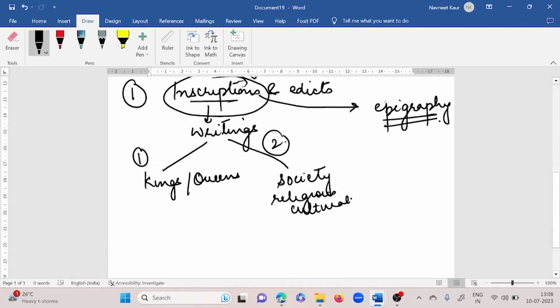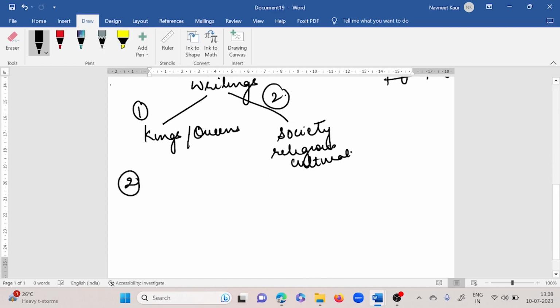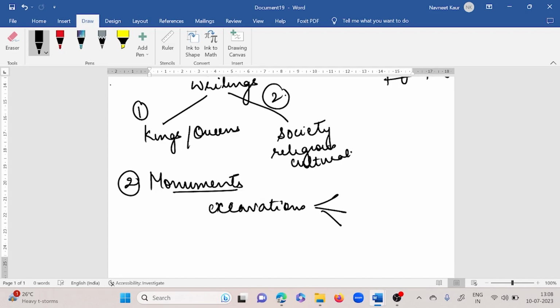Fine. So in the archaeological sources, the second thing that we started was monuments. We discussed that monuments are old buildings of historical importance and they give information about people, their social life, religious beliefs, and cultures. Then we discussed that there were excavations at Mohenjo-daro, Harappa, and other sites, and they prove that 5,000 years ago there was a great civilization in the Indus Valley, which was then named the Indus Valley Civilization.